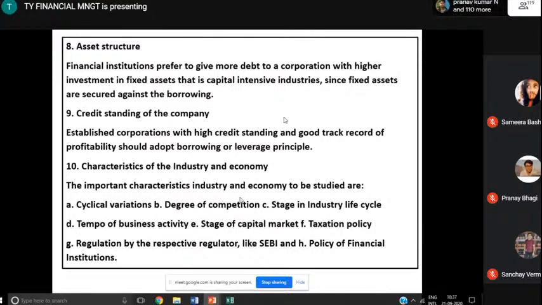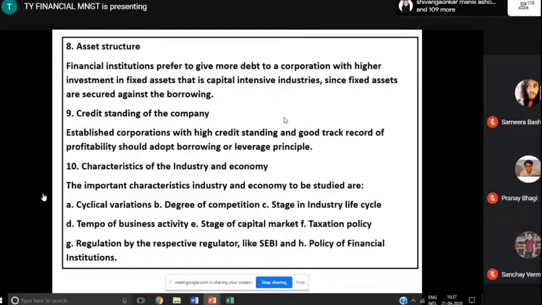When a cyclical company like a fertilizer company asks for money, will you give it? Will you finance a company producing and selling fertilizer? The answer is no, because it is a cyclical company. Fertilizer company sales and demand fluctuate according to changes in the climate and the agricultural sector. Cyclical variation.